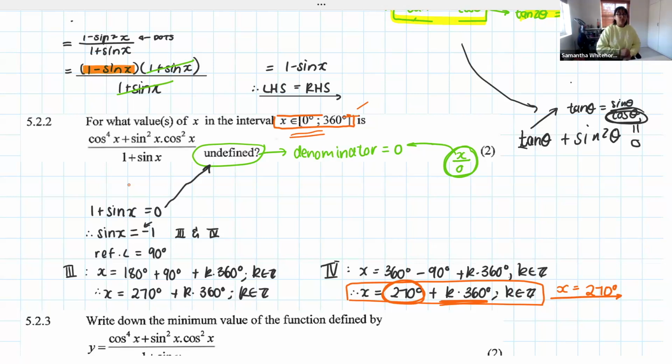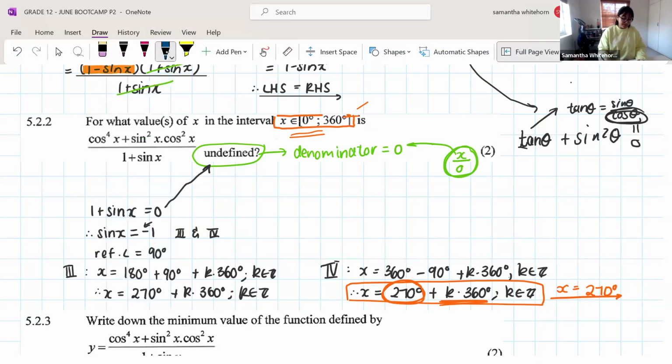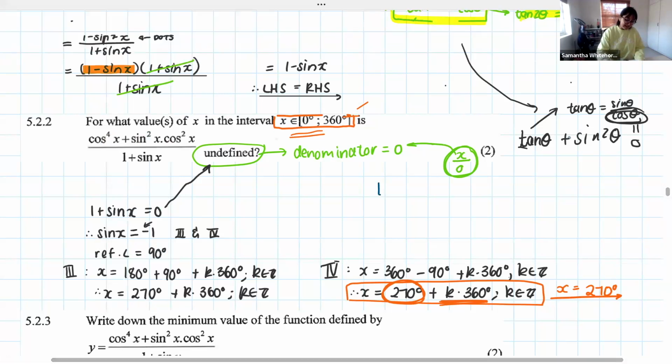All right, so that is one of the ways that we can ask an identity question, like an extension of it. Another way that we could ask you this, and again, I'll do the mark allocation in a second, I just want to show you the other way we could ask something like this, is I could say you've proven the identity, and the next question could then say hence.